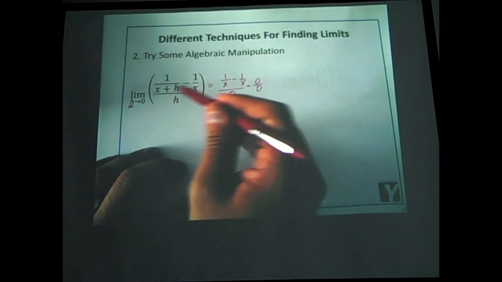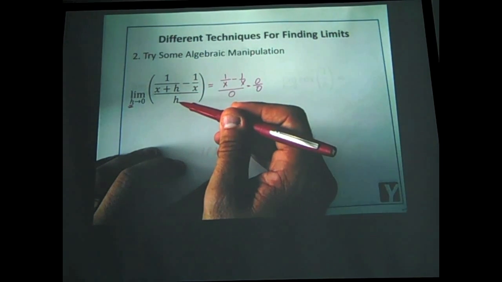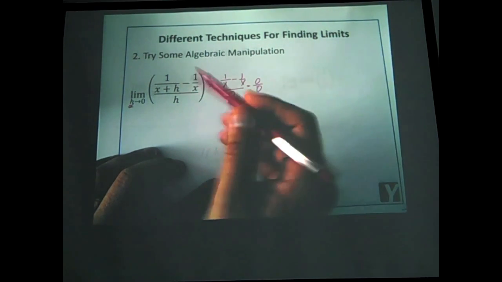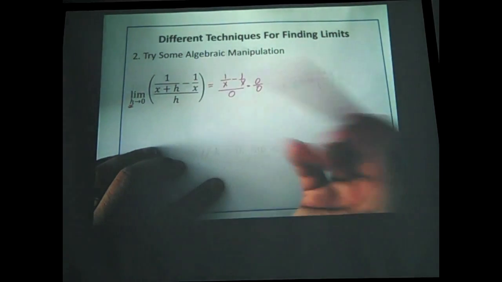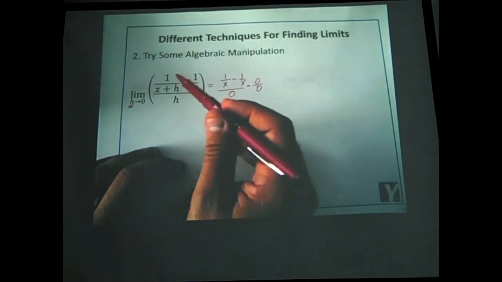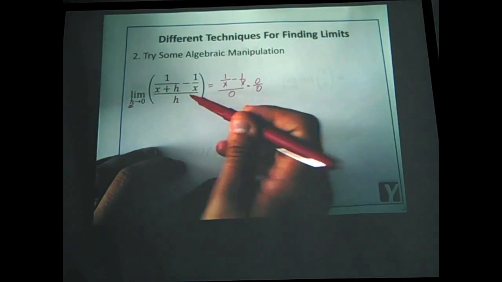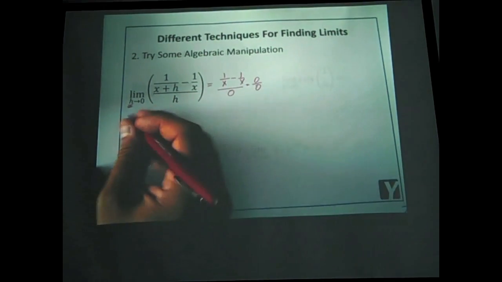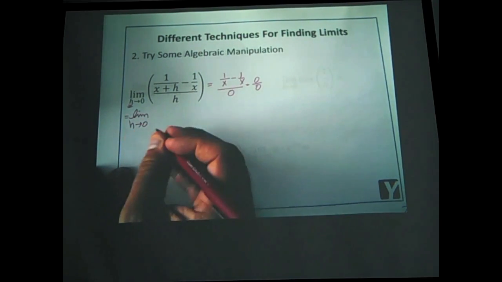Let's go back and look at this expression. I have a fraction minus a fraction, all being divided by h. The algebra trick here is we're going to try, maybe this will help, maybe it won't. I know that it will, I built the problem. We're going to find a common denominator for these two, and let's go through and do that. So I need to find the limit as h approaches 0.